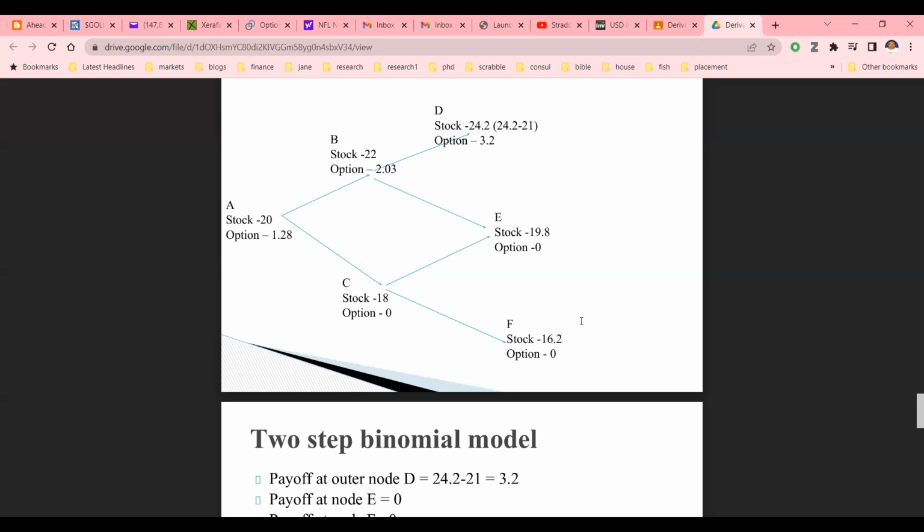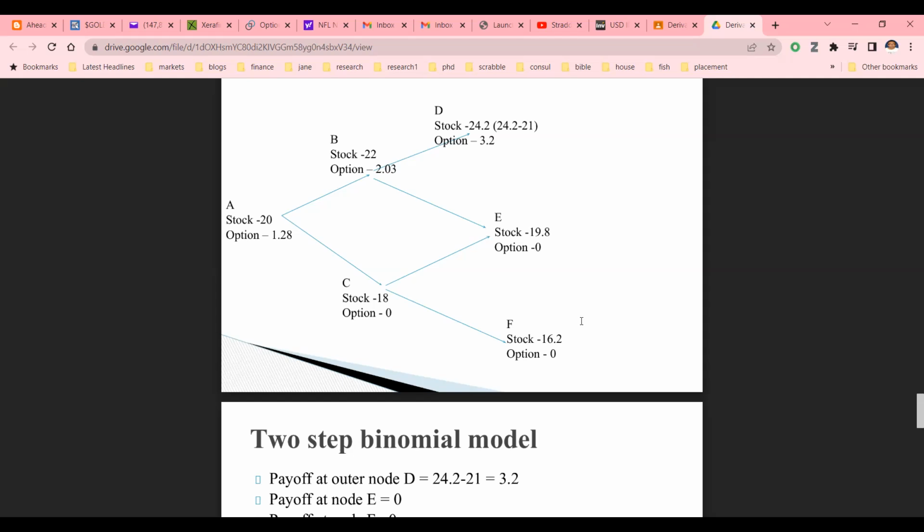The strike price remains the same for everybody. What is the strike price? The price at which the option can be converted to shares. So this is a 21 strike price. It is given in the question. So at point D, we'll say 24.2 minus 21, market price minus strike price, 3.2.